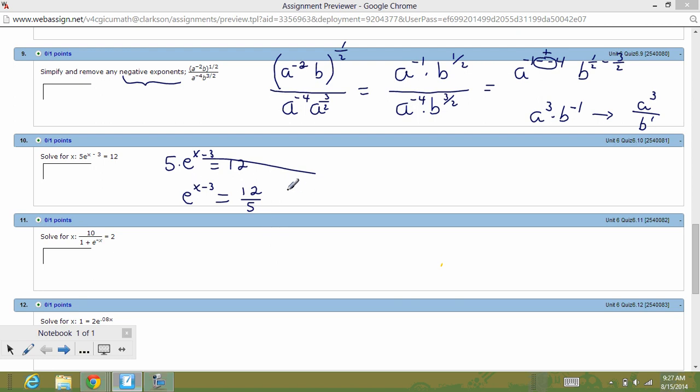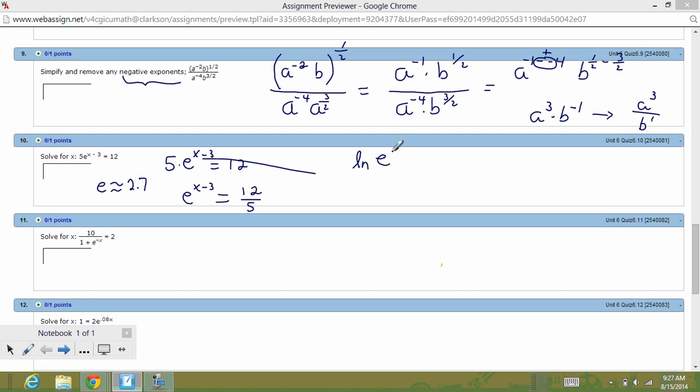Now I'm going to use logs, and since this is a base of Euler's constant, right? e, referred to as Euler's constant, it's about 2.7. A transcendental number like pi. So instead of using log base 10, I'm going to use the natural log on both sides, which is denoted by an ln.